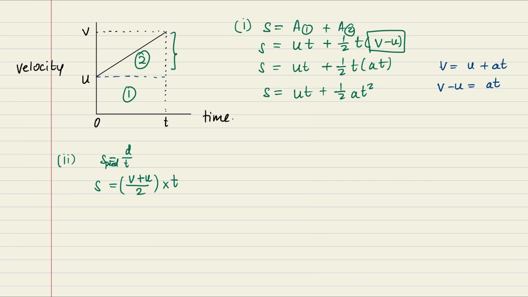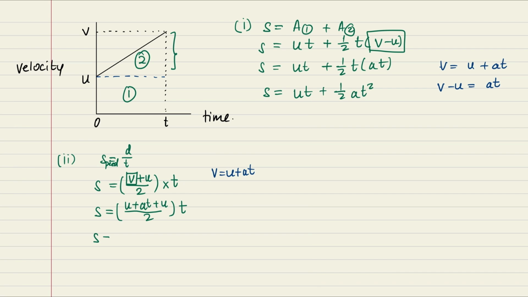So s is equal to, now we can replace v using the first equation of motion. Remember, v is equal to u plus at. So we can say u plus at plus u, over 2, multiplied by t.